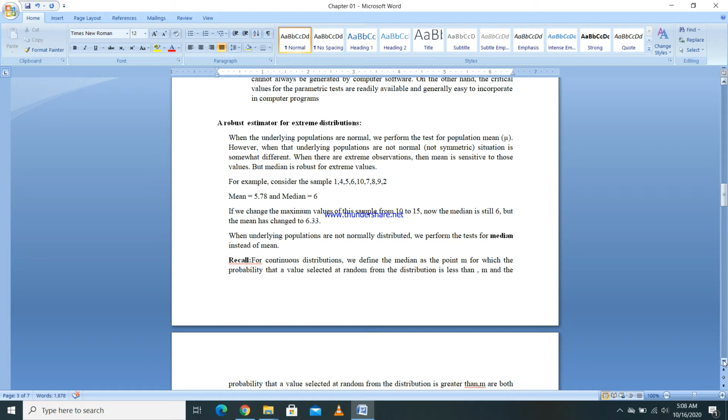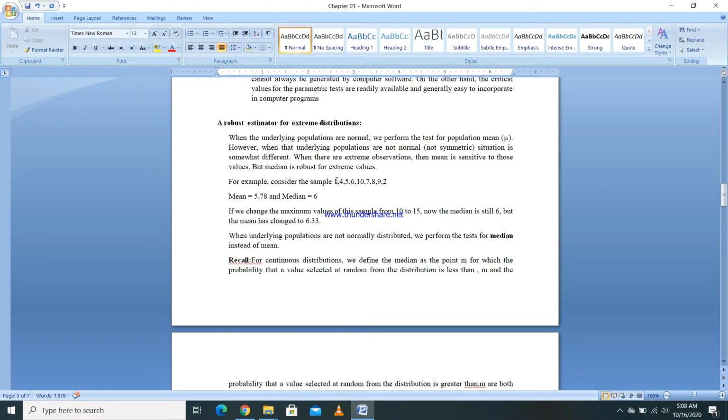But when it comes to the non-parametric methods, we are not using the mean value. Instead, we are using the median. So why do you think that we are using the median instead of the mean value? I'll explain that using this example.